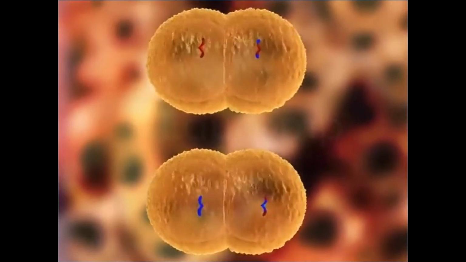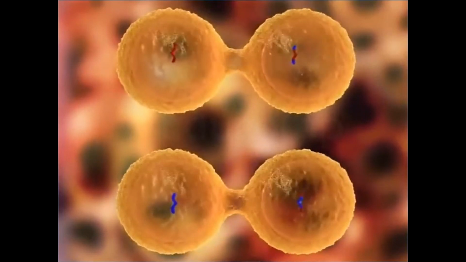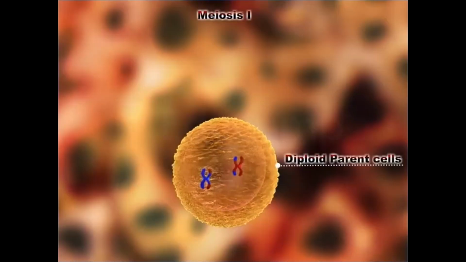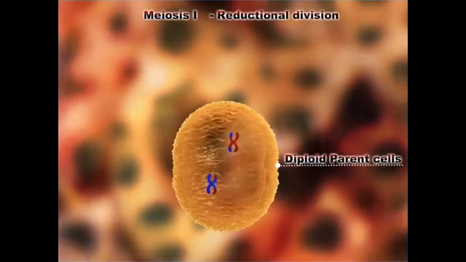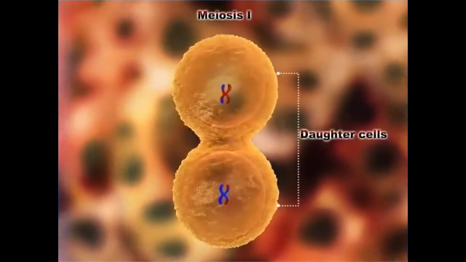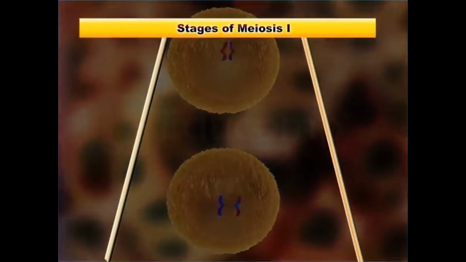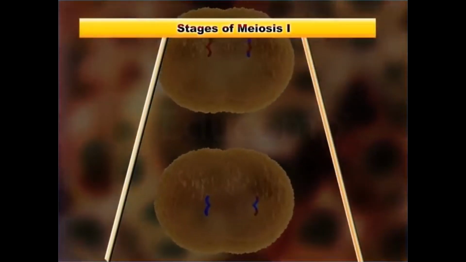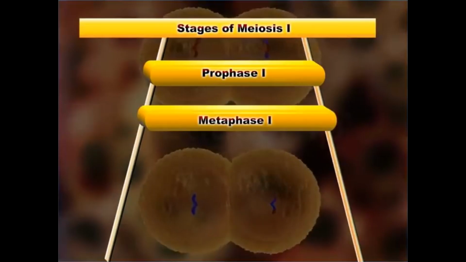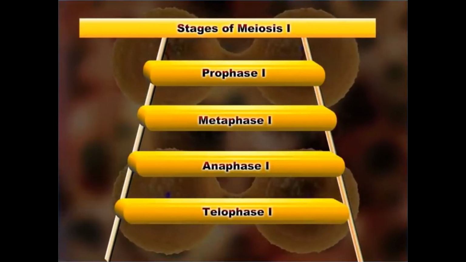However, after fertilization occurs, the chromosome number gets restored. Meiosis 1 is the reductional division in which the chromosome number gets halved and distributed between 2 daughter cells. Meiosis 1 includes 4 stages: prophase 1, metaphase 1, anaphase 1 and telophase 1.